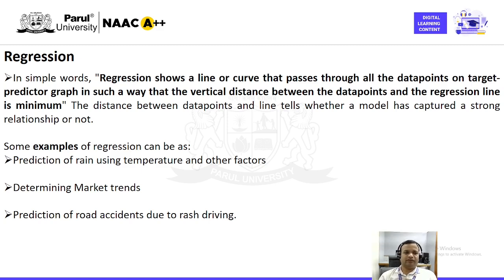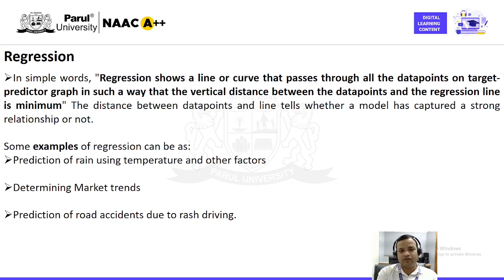The distance between data points and the line tells whether a model has captured a strong relationship or not. This line shows the strong relationship between data points which lie on or near that particular line.